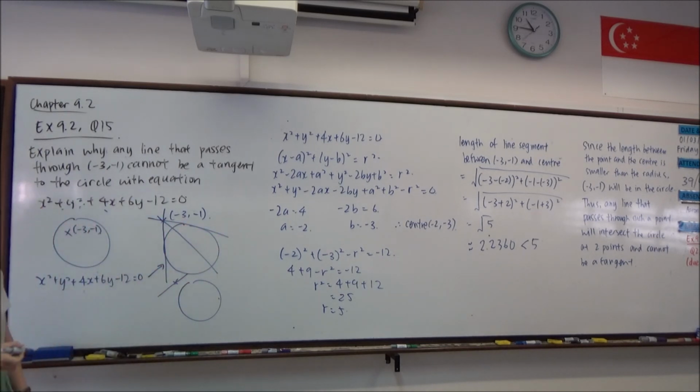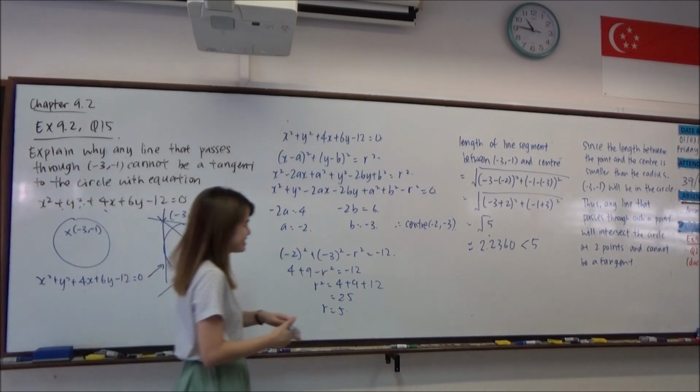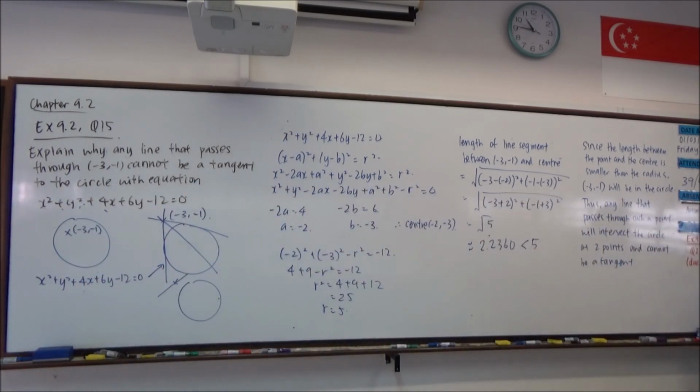If it is on the circle, it's only one tangent. Inside the circle, there is no tangent. Okay, that's true. But I don't know whether anybody has really discovered such a theorem.